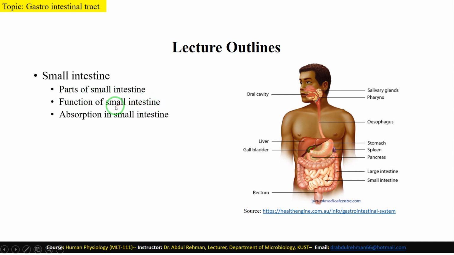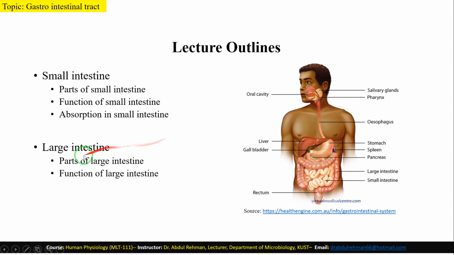After digestion, they also facilitate the absorption of micronutrients, and once these micronutrients have been absorbed, they are distributed to different organs through blood for ATP production, and the ATP produced is then used for different physiological activities. After this, there is another organ called the large intestine.